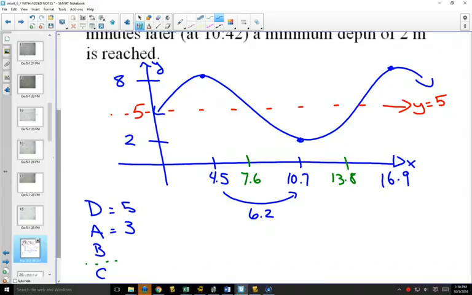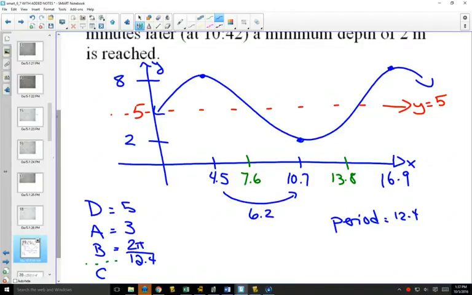What is our period? Our period is 12.4. So our B value is 2 pi over your period, 2 pi divided by 12.4. 12.4 came from knowing that from one maximum to a minimum was 6.2 hours, and that would have to get doubled to get a full period.